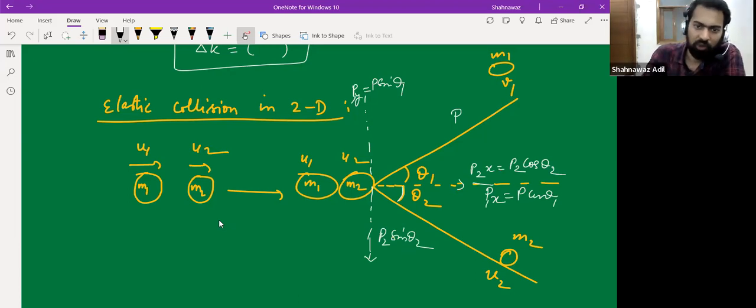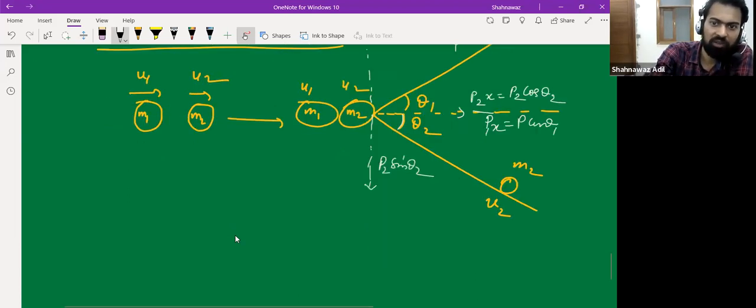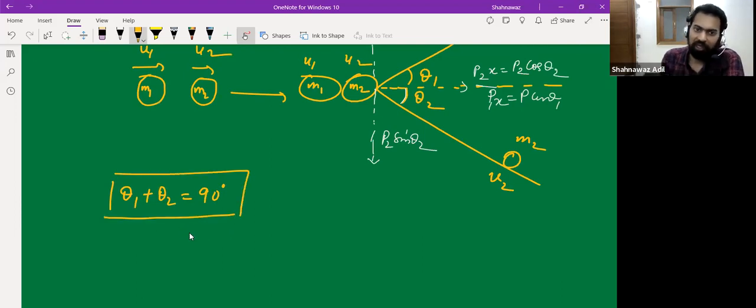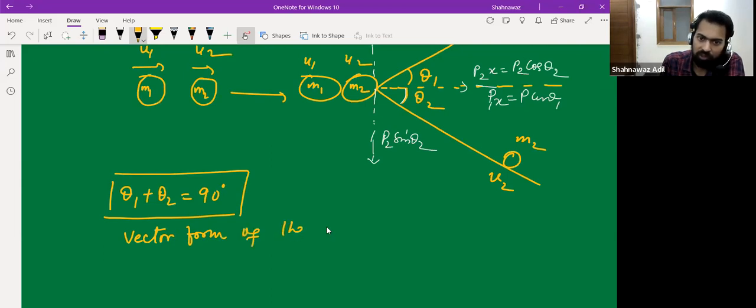Right. So in this case, always remember that for this elastic collision, your theta 1 plus theta 2 is 90 degrees. Just remember that. And you have to apply the vector form of the conservation of momentum and energy.